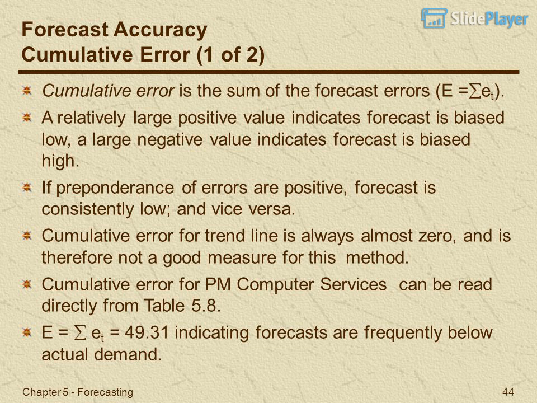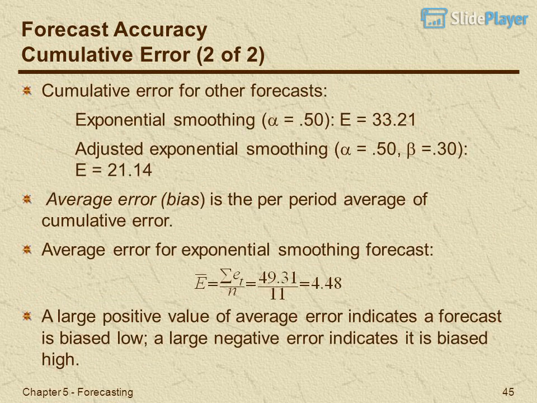Forecast accuracy, cumulative error, 2 of 2. Cumulative error for other forecasts. Exponential smoothing, alpha equals 0.50, E equals 33.21. Adjusted exponential smoothing, alpha equals 0.50, beta equals 0.30, E equals 21.14.